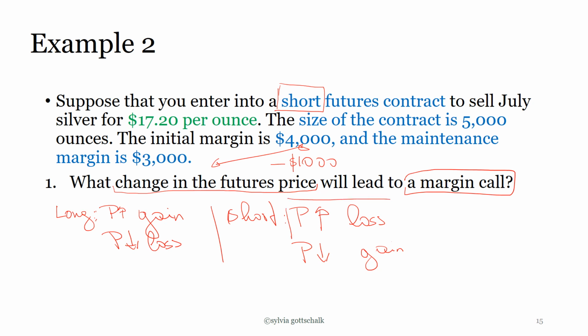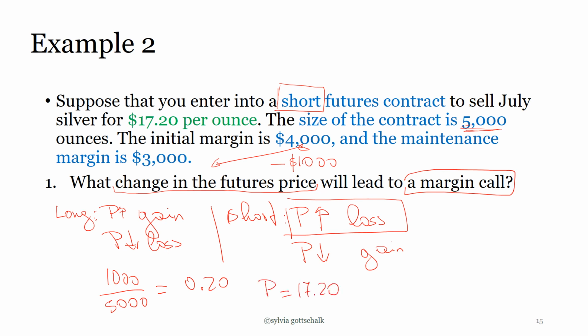So because we want to lose $1,000, then we know that the price needs to go up. By how much? Well, you need to lose 1,000. Your contract is 5,000 ounces. The change in the price is 1,000 divided by 5,000, which gives you 20 cents of a dollar.